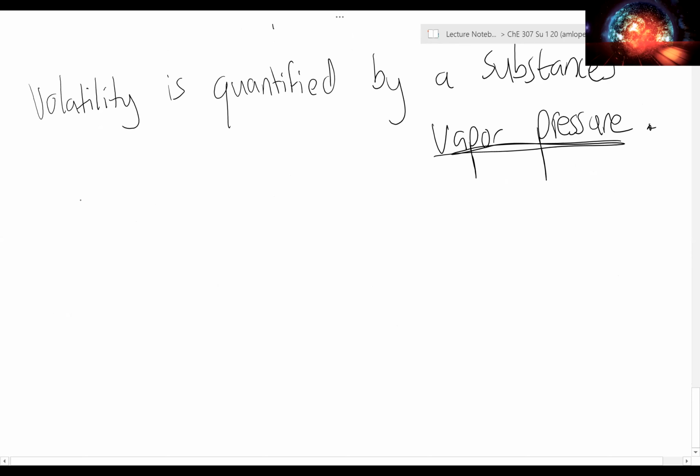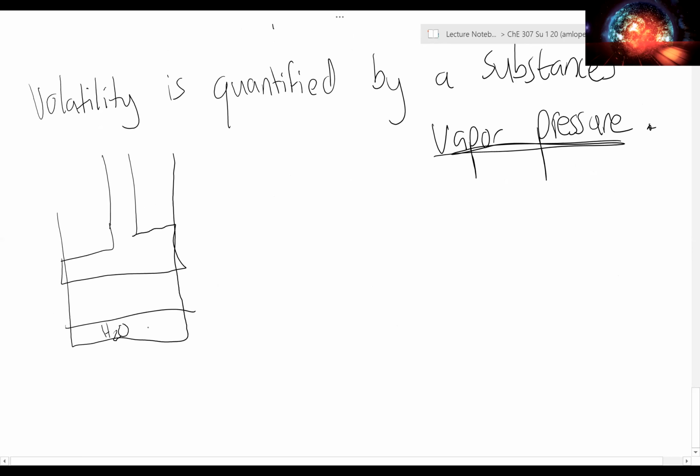And so looking at that system that we had earlier, if I had some liquid, I have the presence of vapor and liquid. And so the tendency of that water to enter the vapor state is known as its vapor pressure.